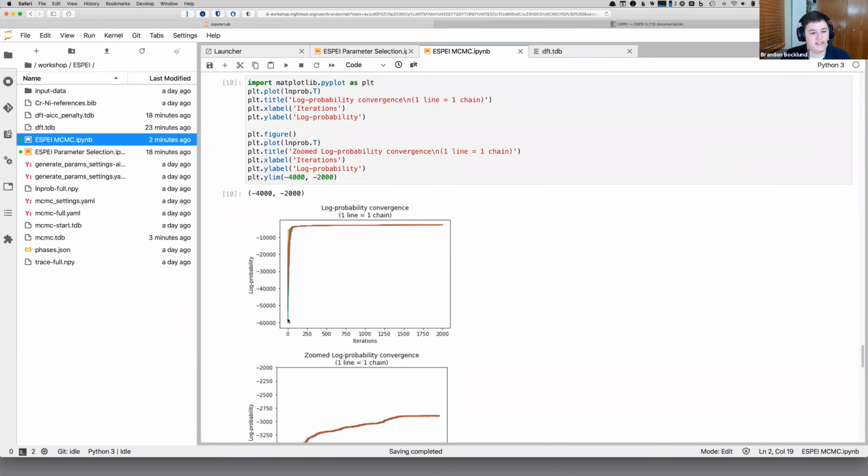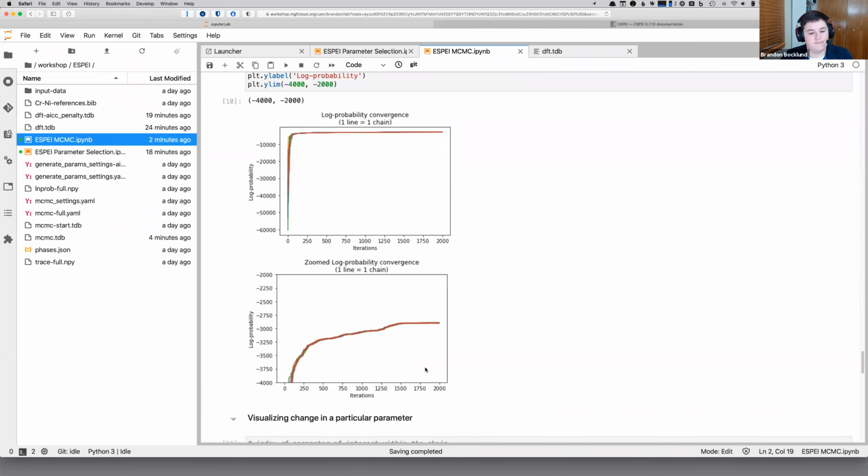And so we can look and see how the log probability converges. Again, the log probability now is increasing as we go through this burn-in phase over what looks like maybe 100 iterations, and then we're approaching a steady state, or near steady state, as we explore the probability distribution.